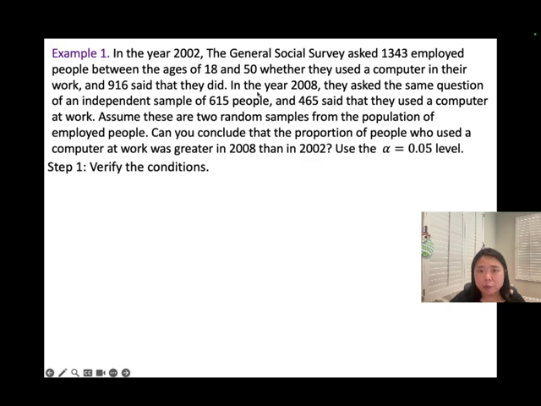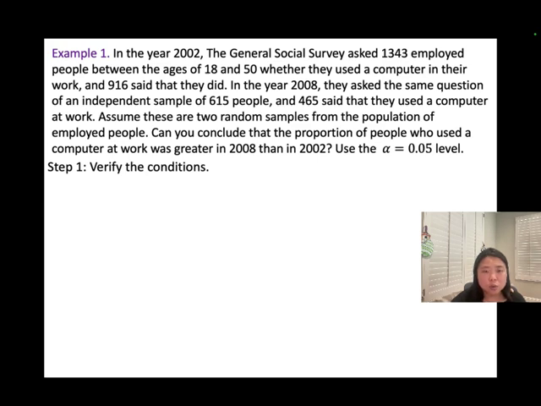And then the second population: in the year 2008, they asked the same question of an independent sample of 615 people, and 465 said that they use a computer at work. Assume these are two random samples from the population of employed people. Can you conclude that the proportion of people who use a computer at work was greater in 2008 than in 2002? Use the significance level 0.05.